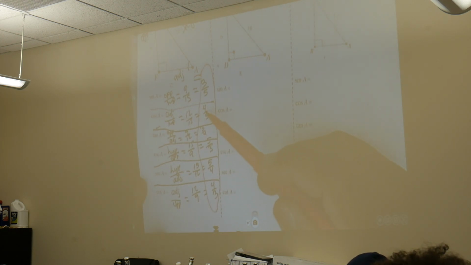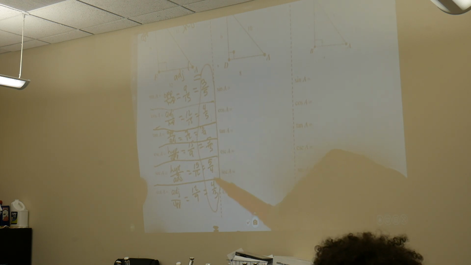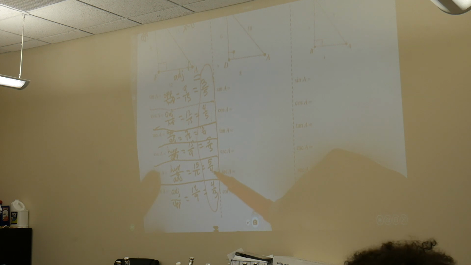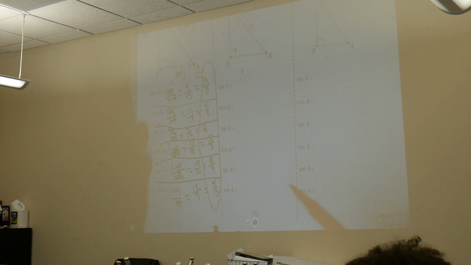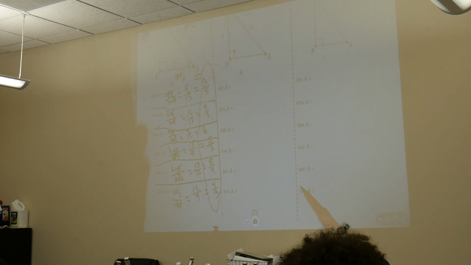So first time the 4 is on top, the 5 is on the bottom, and the inverse of that is the 5 is on top and the 4 is on the bottom at the secant level. Everybody see that? So we should not have the exact same answer unless we're dealing with just like a square root of 2 over 2 all along the way, maybe. So then you should be able to do the next 2 columns following the exact same example, okay?